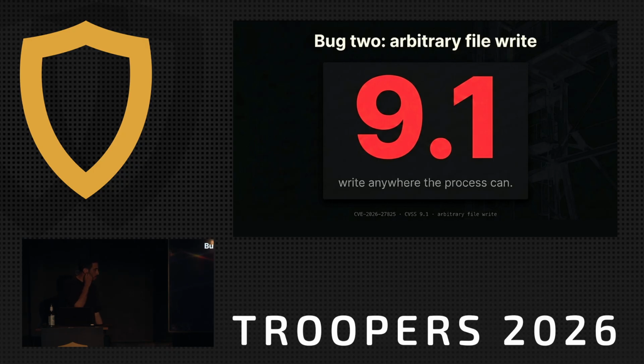But we didn't stop there, because we said, okay, exfiltration is nice, but let's see if we can get to a point where we can actually execute code. And we found that as well. It turns out that there's an additional tool called Confluence Download Attachment that we can use. It fetches any attachment from the server. And because I can control the URL, I can specify a path that I can write into.